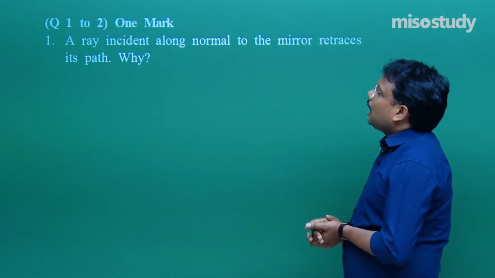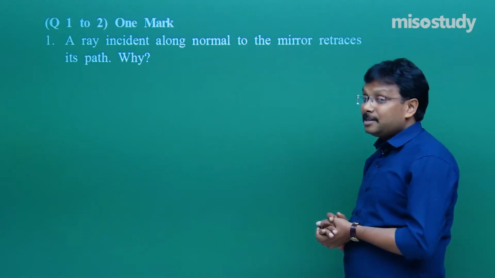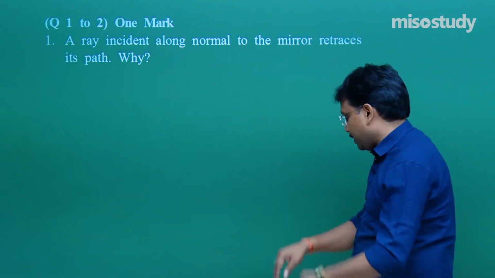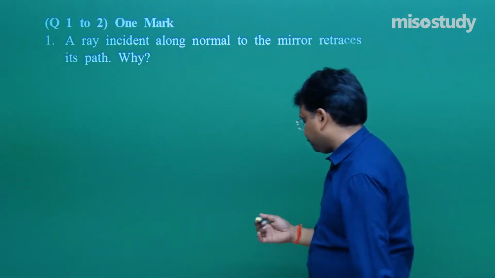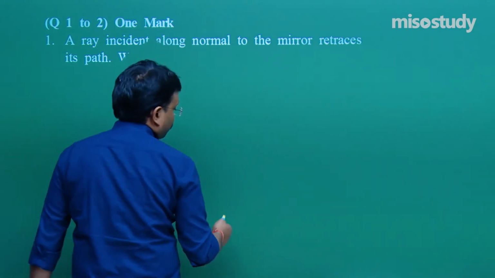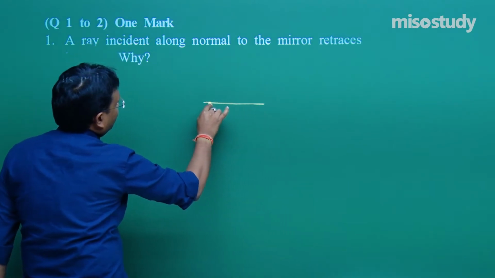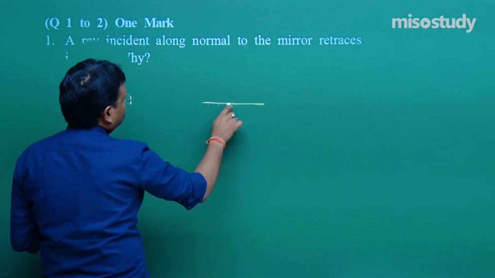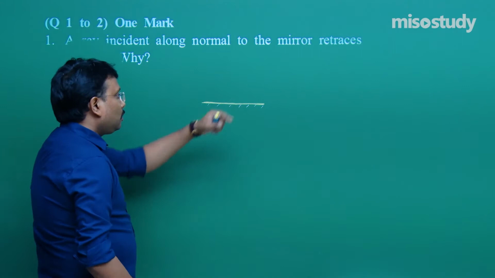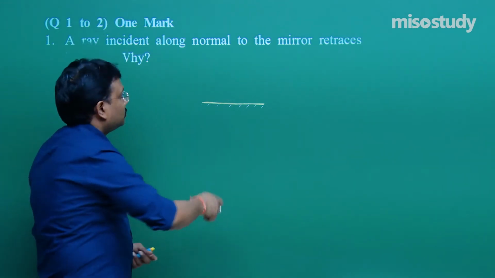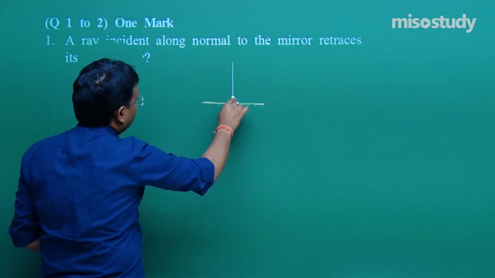A ray incident along the normal to the mirror retraces its path. Let us say this is a mirror. Normal to the mirror means perpendicular, so this is the ray coming like this.